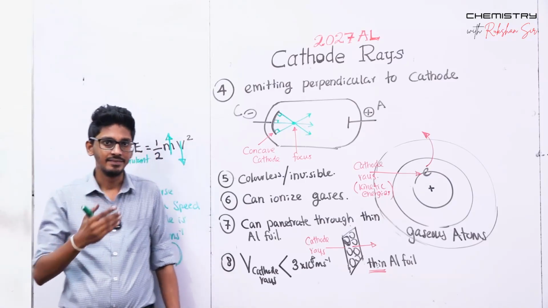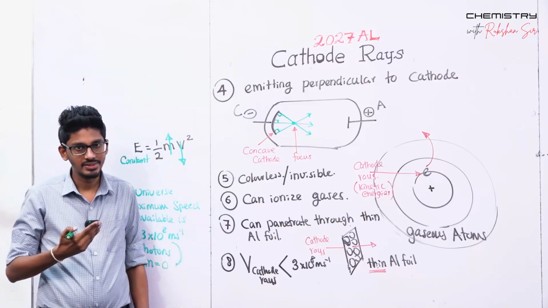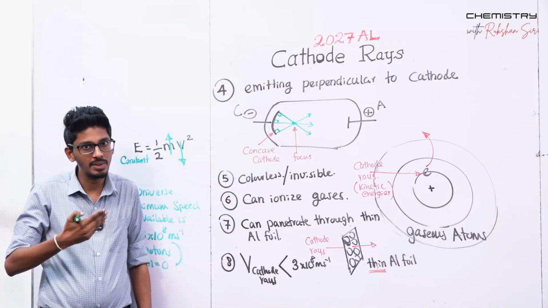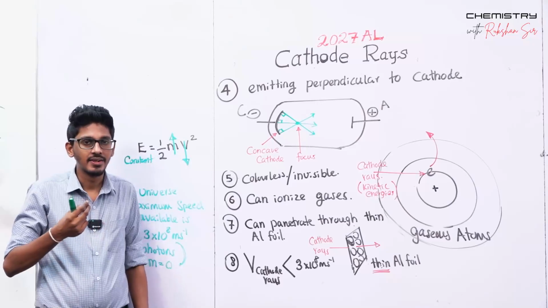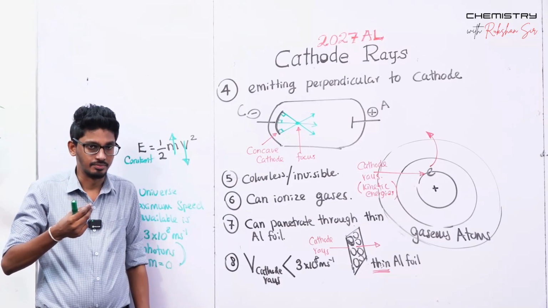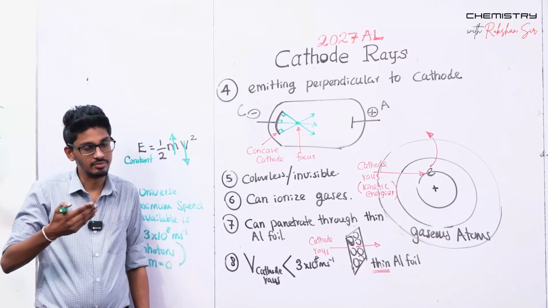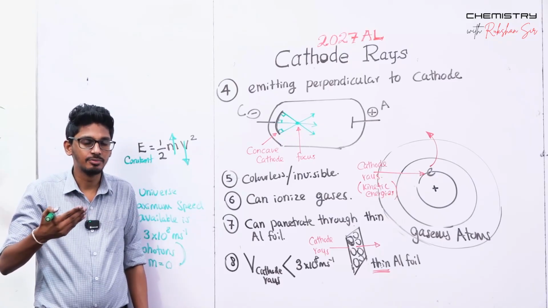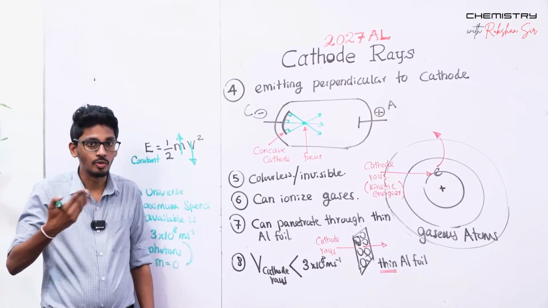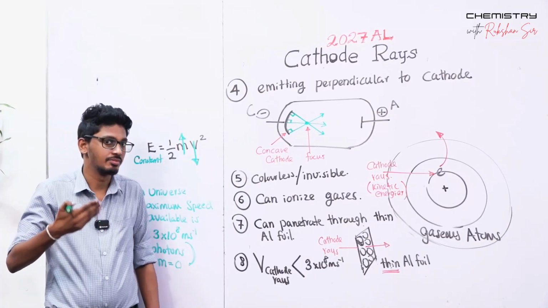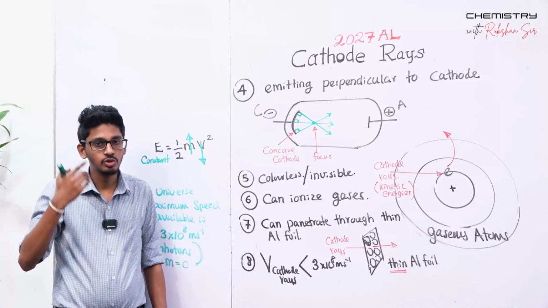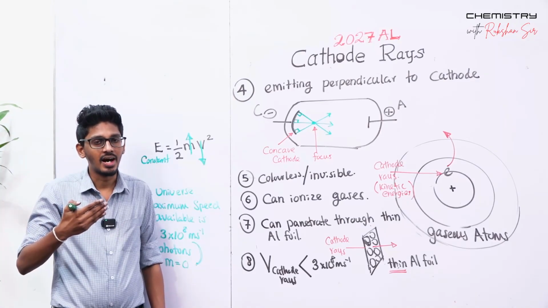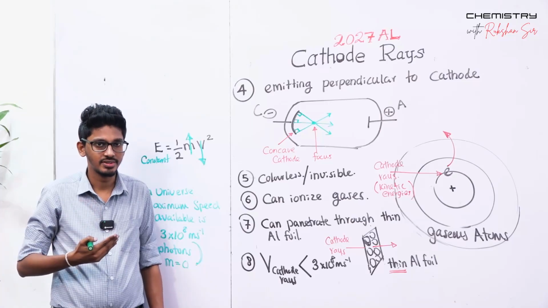But there could be a question in your paper with a statement like: the speed of protons is less than the speed of light. Such a question will appear, so you should be able to choose whether it is true or false.